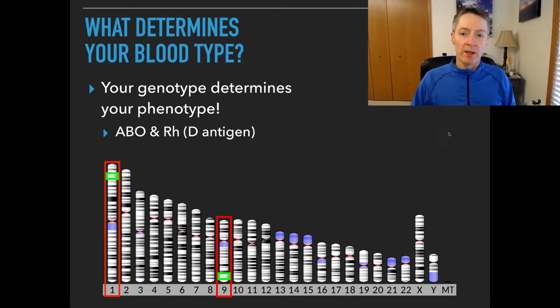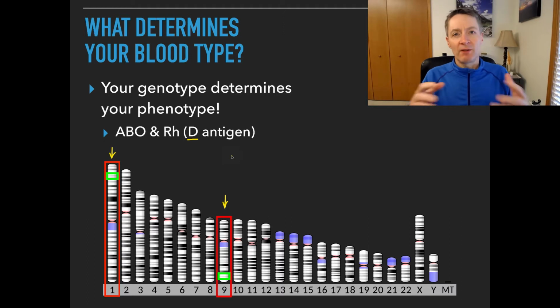So, in general, I can tell you that on one of the chromosomes we have a gene for the A or the B antigen, and on the other chromosome we have a gene that codes for an Rh antigen or a D antigen. These are what determine your blood type.